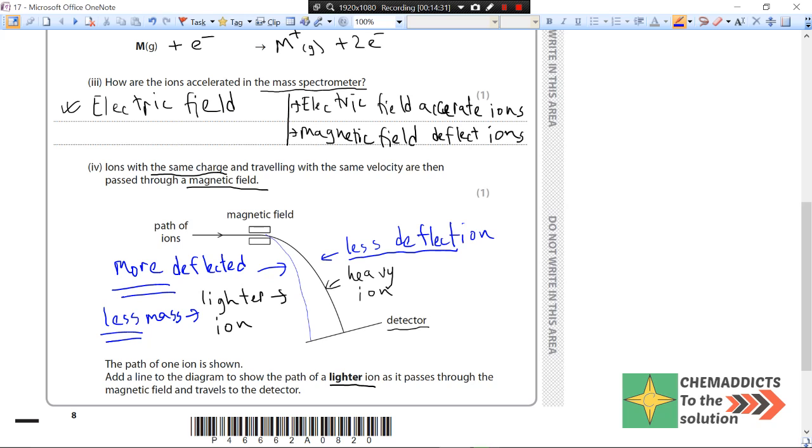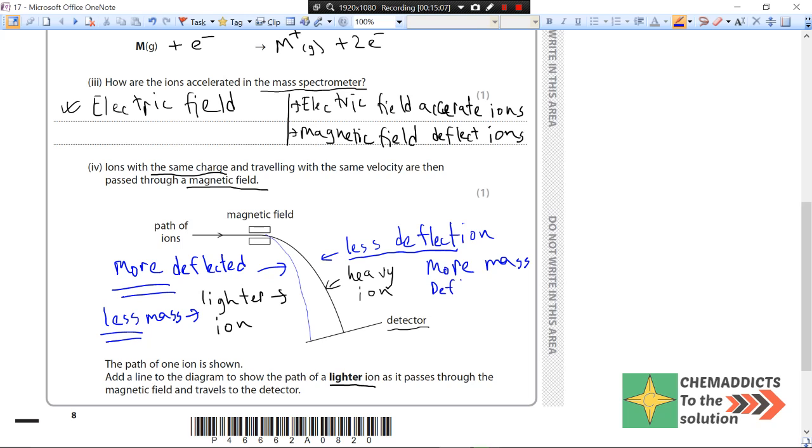And in here the heavier ion has more mass, so it will deflect less. So we have known that since heavier ions have more mass, they will deflect less.